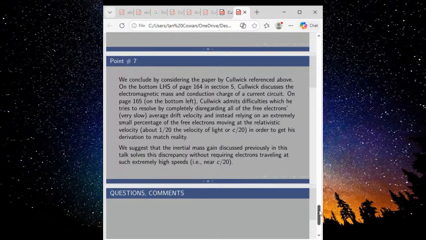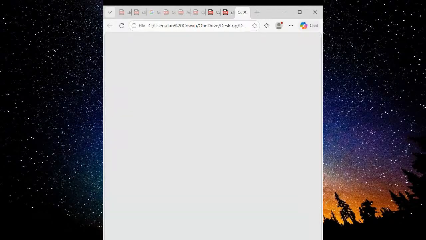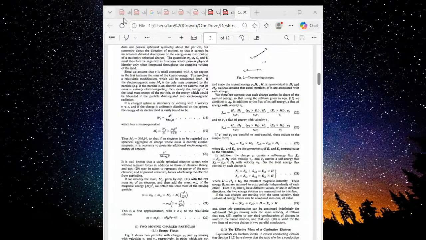Yeah, if you turn to page 165, Ian, on the lower left-hand side, we can get down to discussing that. Yeah. That's not the right page, 165. You've got page 161.